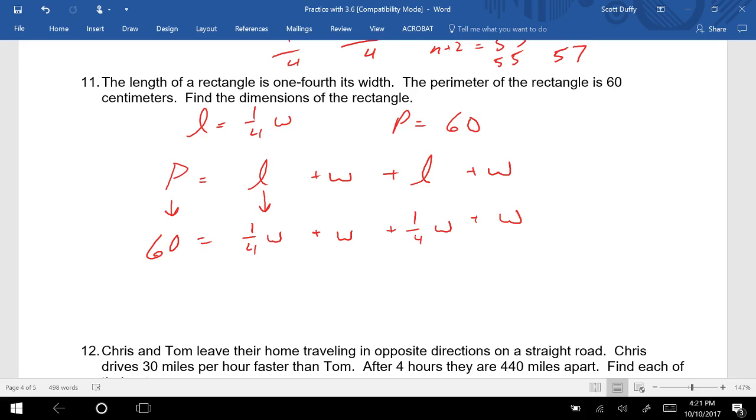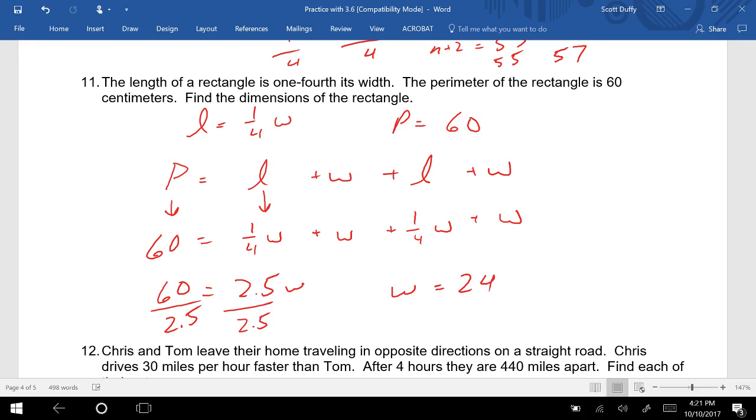Now if I have one W plus another one, that's 2, and then these two added up is half of a W, so I have 2.5 W equals 60. Divide by 2.5, and I get W equals 24.